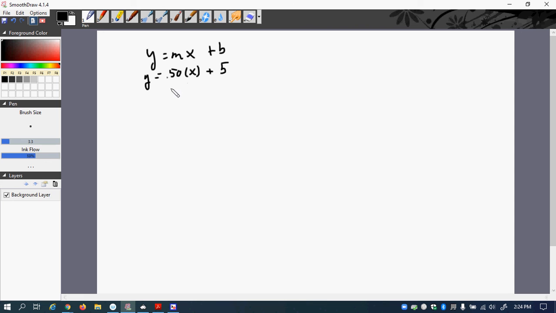So then I would put 23 minutes in. So 0.5 times 23 plus 5. And so now I can do the 50 cents on my calculator, multiply by 23, and then add the $5. And so it comes to $16.50 for the month. This is how much it costs for that month.